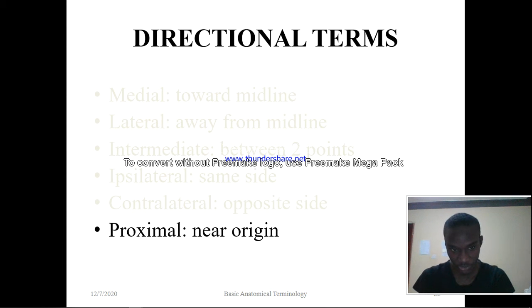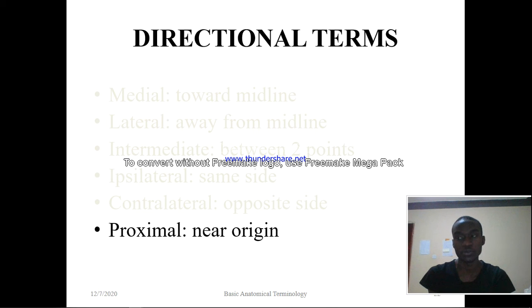If it is near the origin, then it is proximal. If it is away from the origin, then it is distal. The example I can take there is our nephron, where we shall find tubules which we refer to as proximal convoluted tubules. So proximal, near the origin.